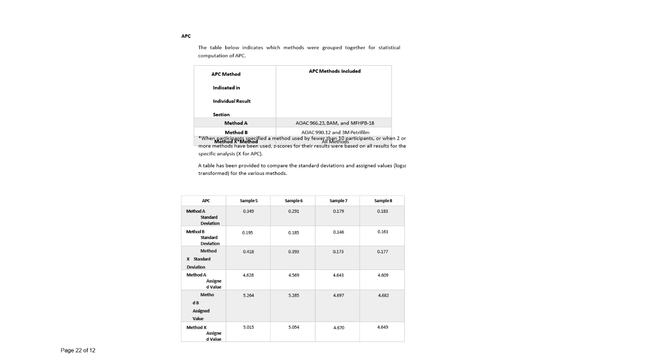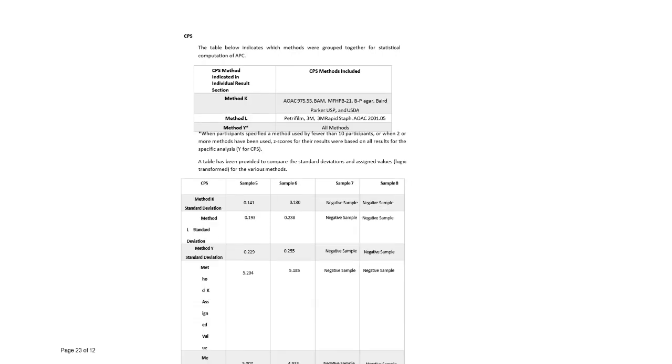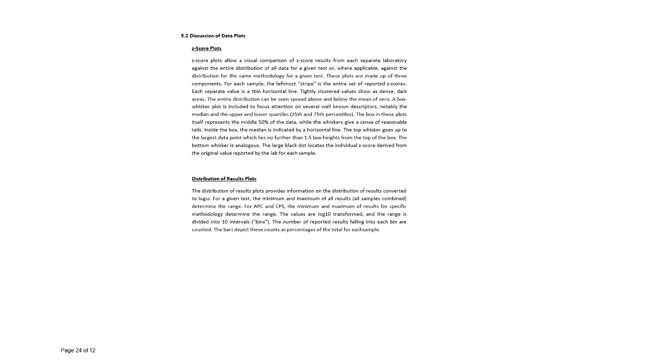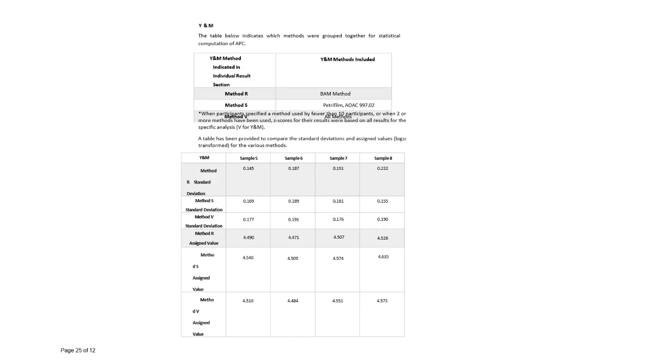After I cover this technical report, we'll go into an individual laboratory's results, which also display this information. In addition to just listing all the statistical information, we do provide z-score plots and distribution plots, which I will also show in a moment.